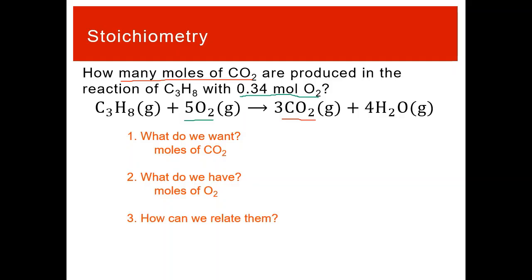So when we want to think how can we relate them, it has to be reaction coefficients. The fact that we are given an explicit reaction is also a really good sign that we want to be using these coefficients, that 5 and that 3. That's going to allow us to relate these different substances in the reaction, reactants and products. So let's go see what that looks like.